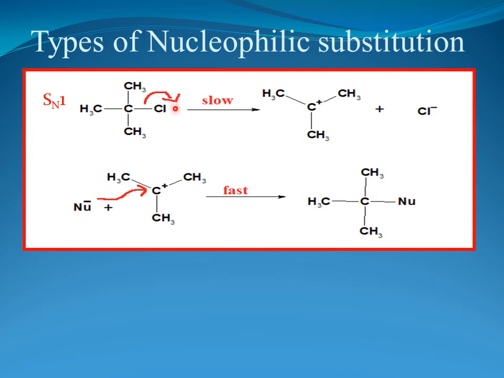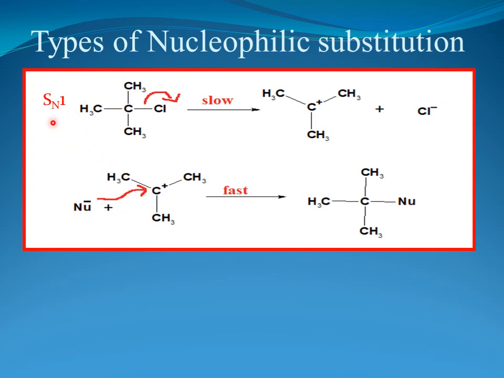It is going to ionize and give you a carbocation, and the leaving group has already departed. So bond breaking occurs first. Secondly, in the second step, the nucleophile is going to make a bond with this carbocation, and you can see that bond formation is the second step. So bond breakage is the first step. When bond breakage occurs before bond formation, such reactions are called nucleophilic substitution unimolecular.